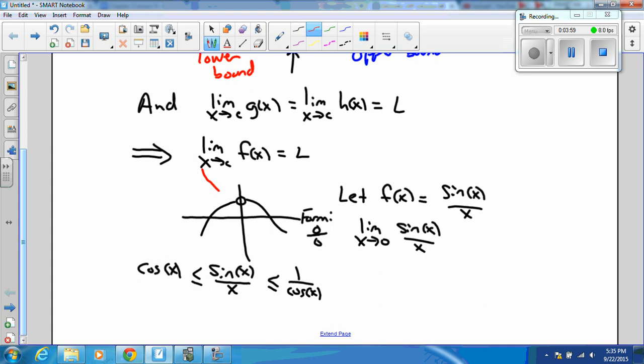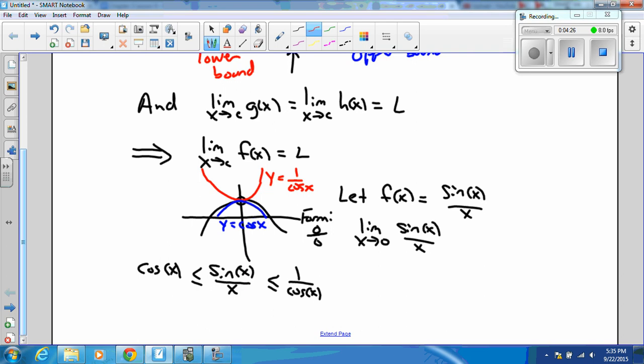You should be able to see that 1 over cosine x comes down like this, and cosine of x comes up like this, so that sine of x over x, our middle function, is squeezed or trapped between these two functions.